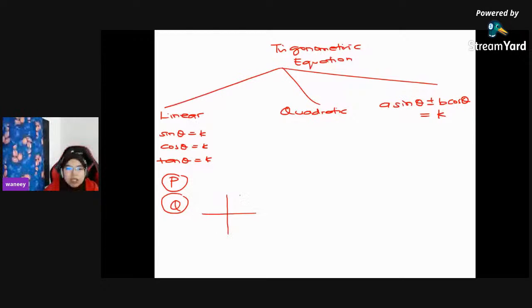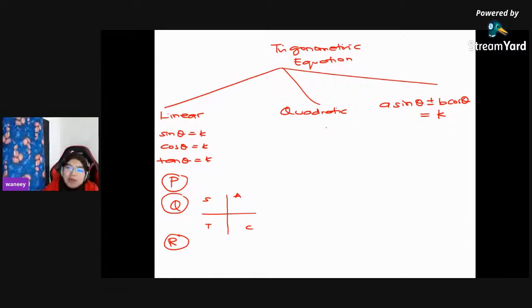You need to remember A, S, T, C. To choose which quadrant, you need to refer to the value of K. And then the last one, check your range. Is it between 0 and 90, an acute angle, an obtuse angle, or are we going to calculate from 0 until 360? We must check everything.